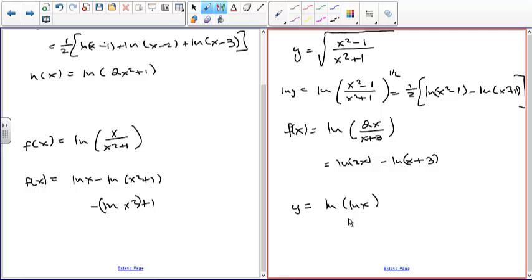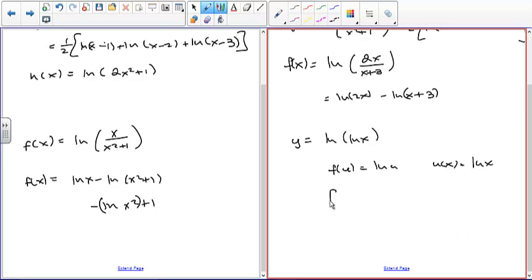Xavier, what do you think on the next one? I put A. A, okay, which is true. So what is the derivative? What you would do is you'd have to use the chain rule. So you would say f of u equals the natural log of u, and u of x equals the natural log of x.